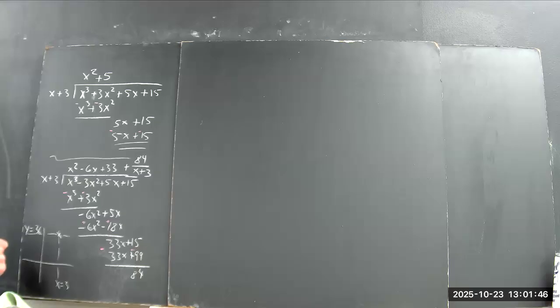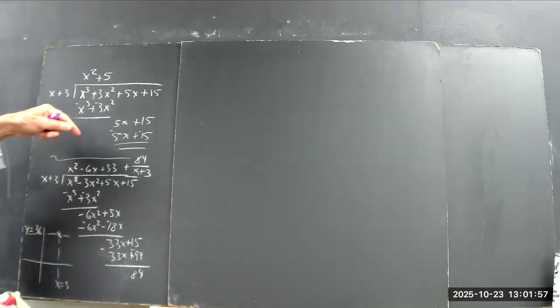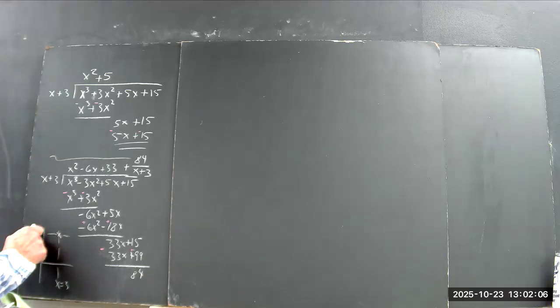Hang on a minute. Okay, I messed up my calculation. I did 9 minus 3. It's 9 minus 18. So it's not y equals 36. It's y equals 24.